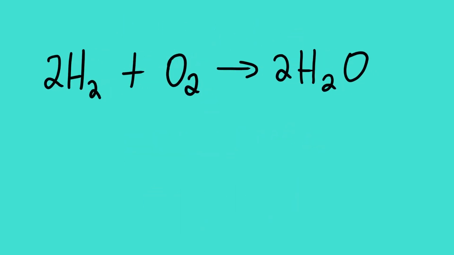A redox reaction is a chemical reaction in which we emphasize an oxidizing agent and a reducing agent. In order to determine which element undergoes oxidation or reduction, we need the skills of calculating oxidation numbers.